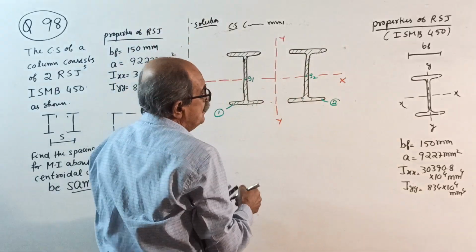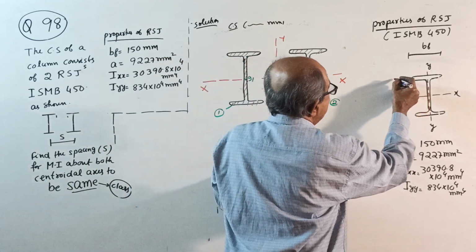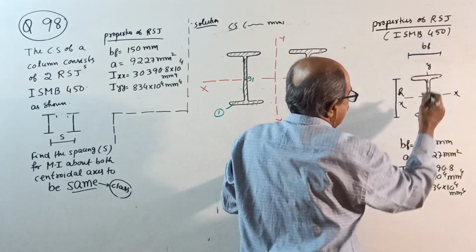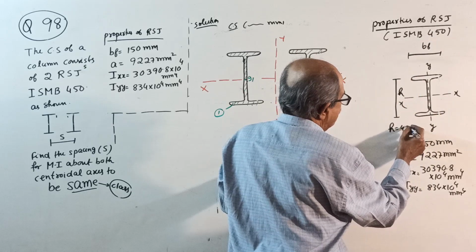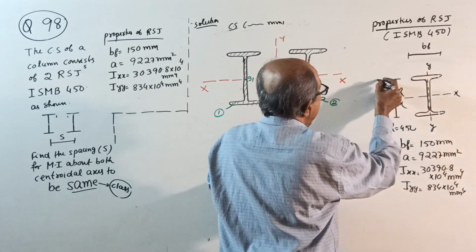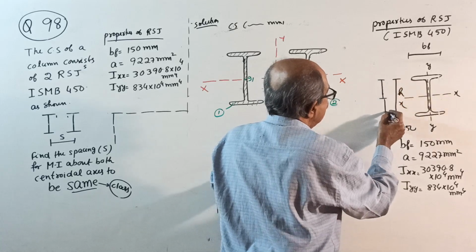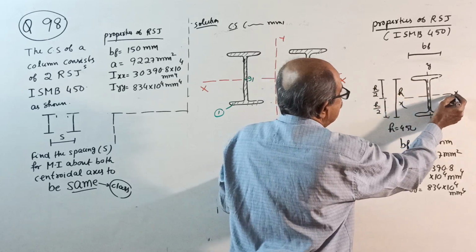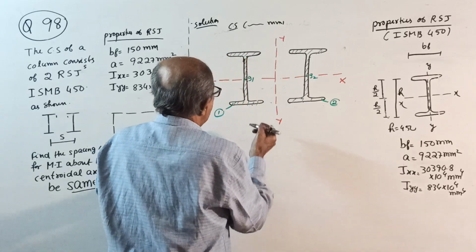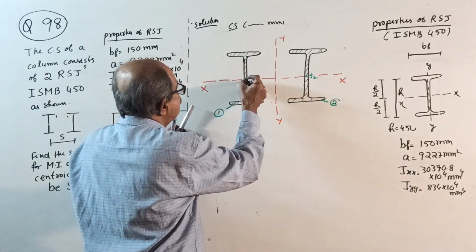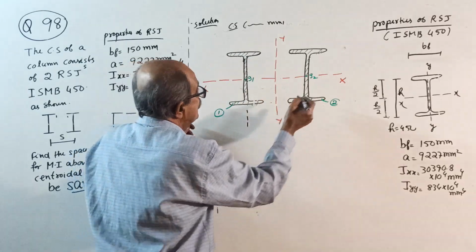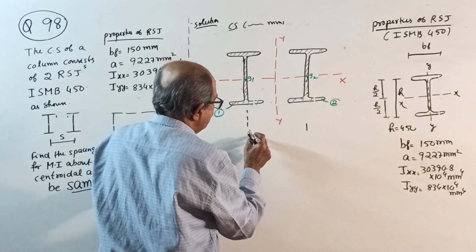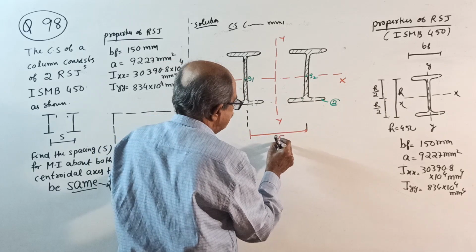This is called the depth of section H. I told you, 450 means H equals 450. This is H by 2, and this is also H by 2. Now they told us that from this centroid G1 to this centroid G2, this distance is S. This S you have to find.